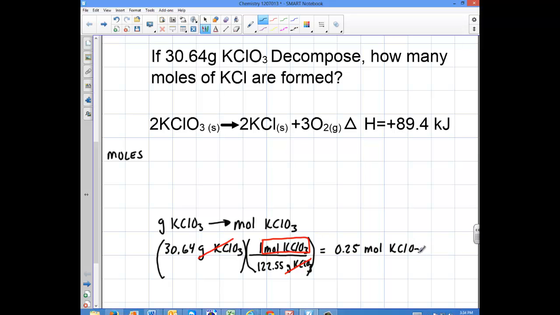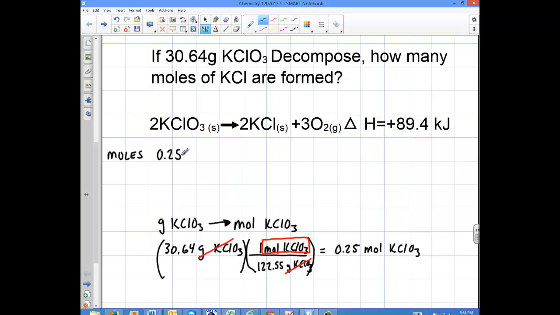And the reason I'm doing this off here on the side is because the whole point of controlling a reaction, understanding how it works, is to understand the relationship of the moles. Okay, so I'm going to write this underneath here now. Now I have 0.25 moles of potassium chlorate. That is the number of moles of this that I have. Now I can very quickly go through this and figure out the ratios of all of the other compounds that are formed.